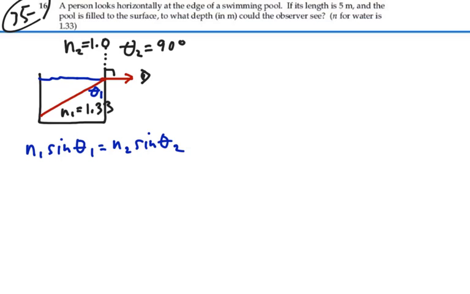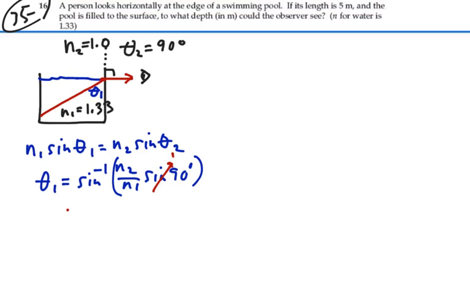Let's go one step further though. So theta 1 is going to be equal to the inverse sine of N2 over N1 sine 90 degrees. Hence, sine of 90 degrees is 1 indeed. And so this is going to be the inverse sine of 1 over 1.33. Let's figure out what that is.